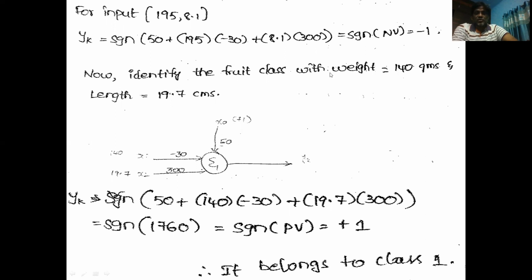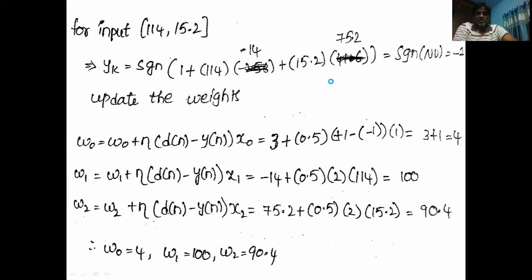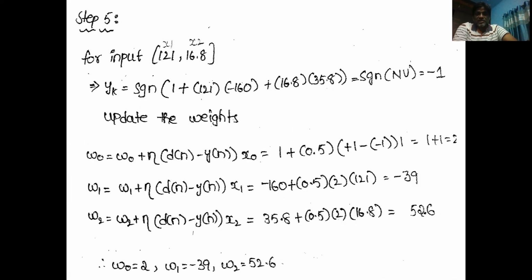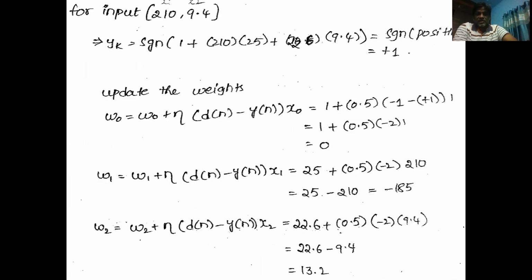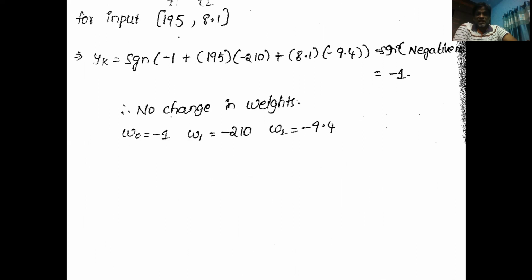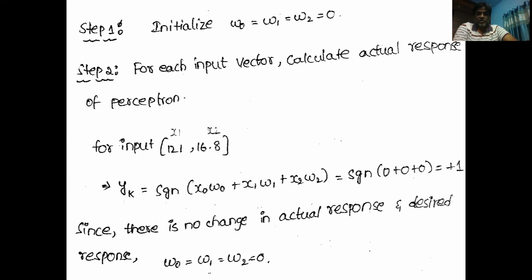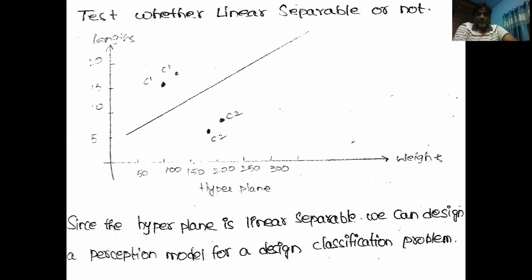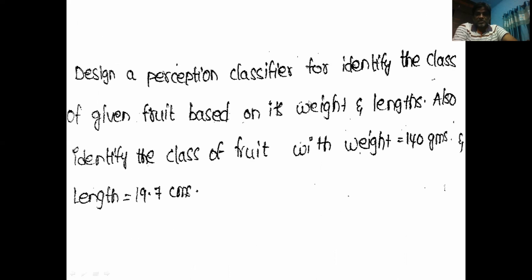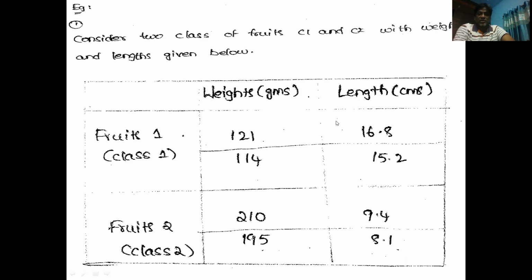It is given in the problem that the task is to identify the class of a food with weight 140 grams and length 19.7 centimeters. It is not actually there in the given input samples.